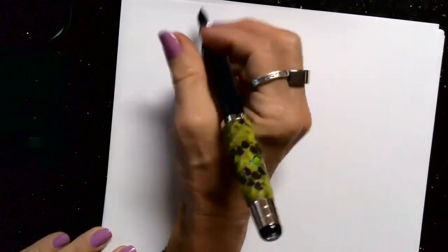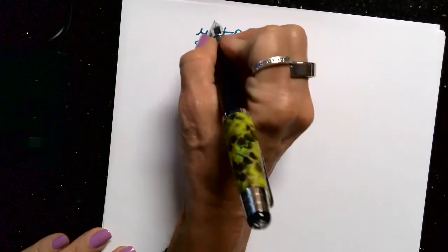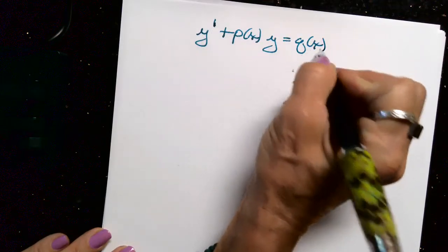So if you remember from last time, we looked at our first order ODE. And let's just go directly to say we have it in this form: y prime plus p of x y equals q of x.